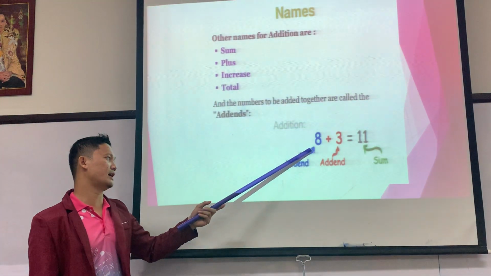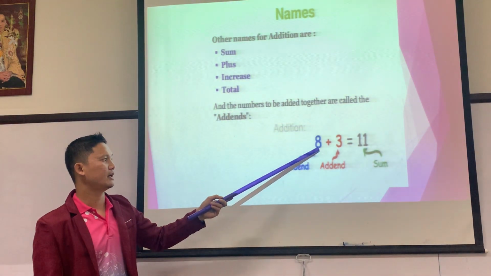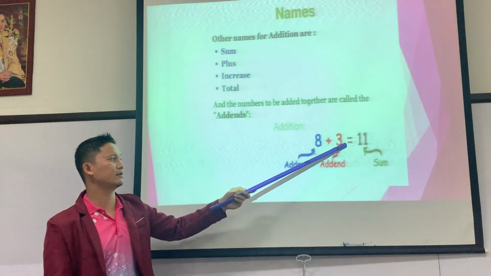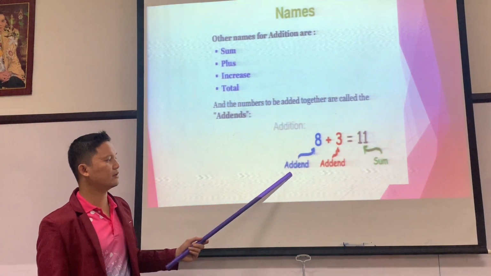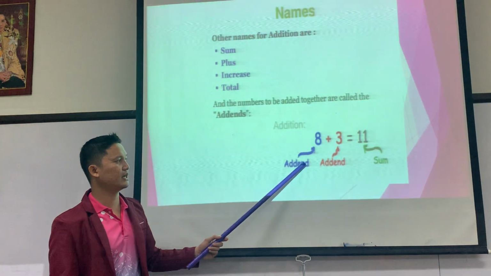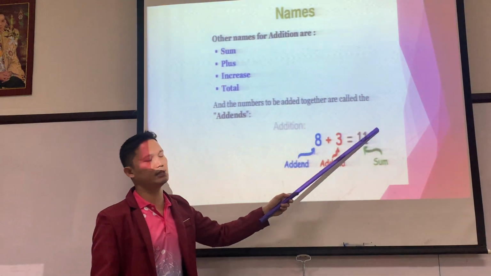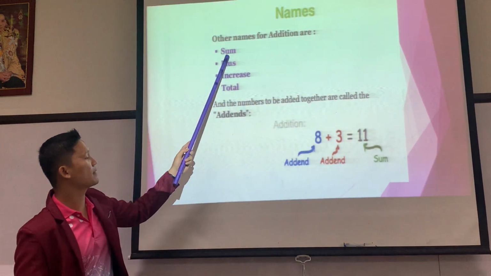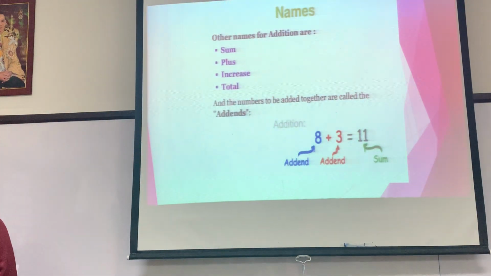Like this, we have 8 plus 3, equals how much? 11. Both numbers are called addends, and 11 is what we call the sum. In addition, we call the answer the sum.